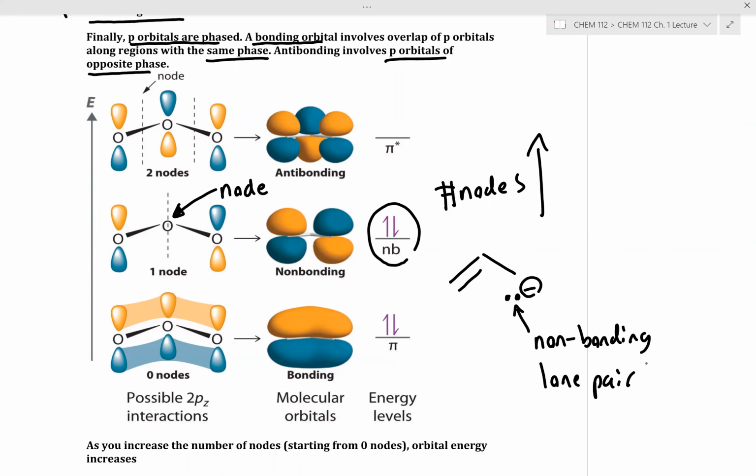Bonding, non-bonding, or anti-bonding? Bonding, right? So this overlap of p orbitals to form a conjugated system and form a conjugated bonding molecular orbital is stabilizing. It's a favorable event. Conjugation is stabilizing.